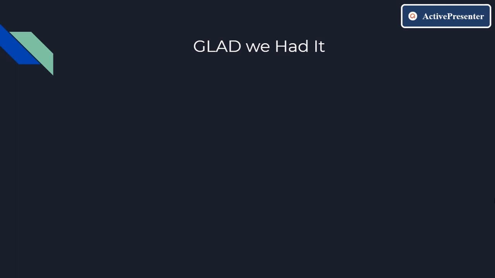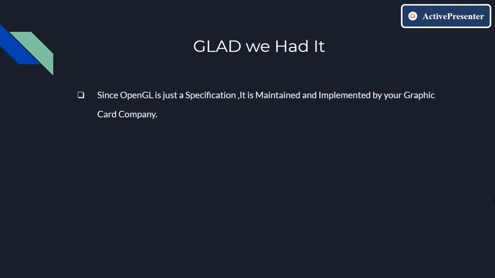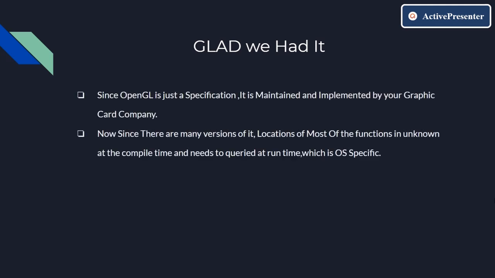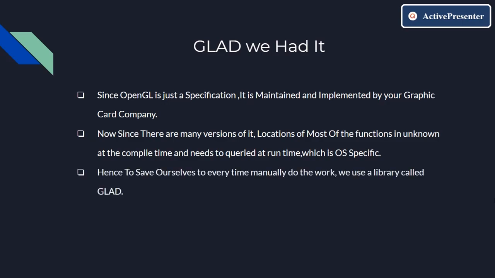Now, because it is related to the graphics card, and the graphics card is related to your CPU, that is your OS, some of the tasks, as you can read here, are OS specific. You don't have to worry about what they are, but yes, they are. So to overcome these problems, we'll use a library called GLAD.